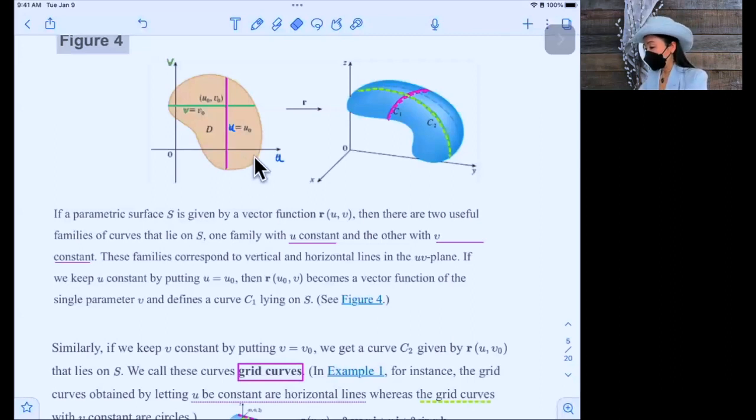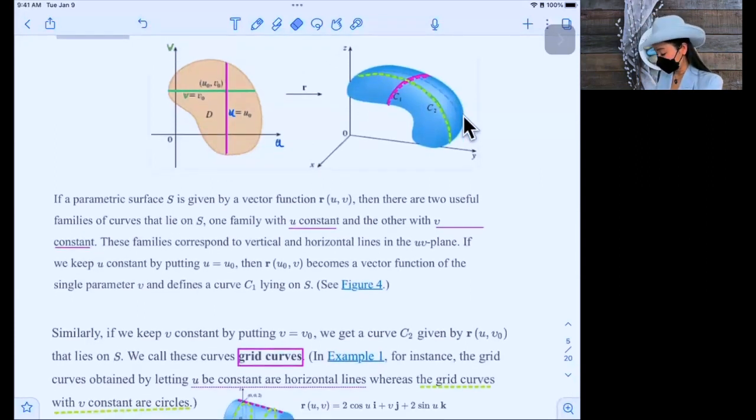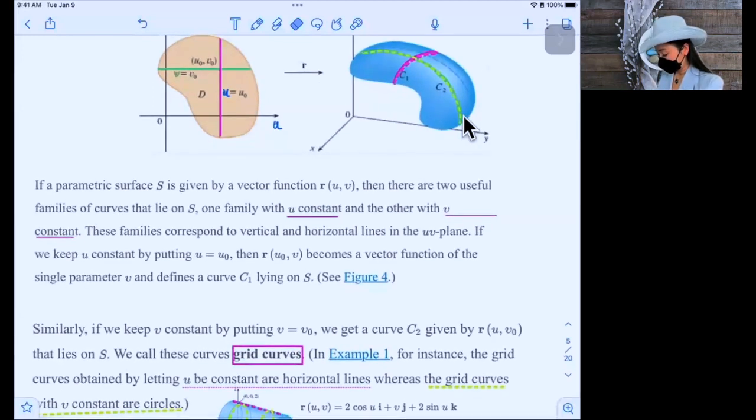And what happened under this vector function? Now under this vector function, the u is going to be constant, equal to u0. So the first parameter is going to be fixed to be u0.